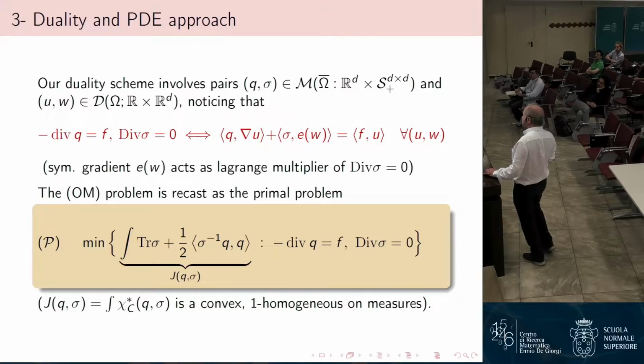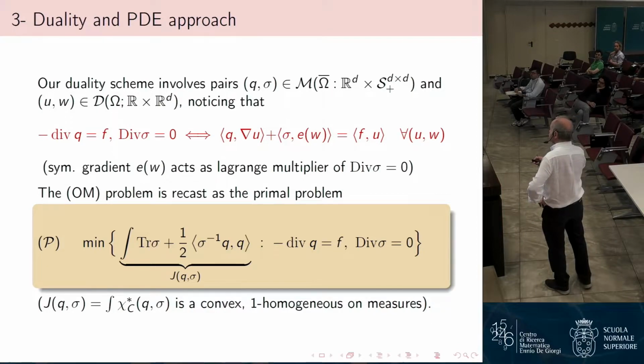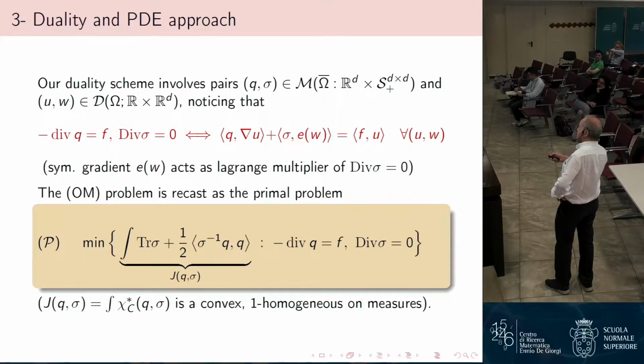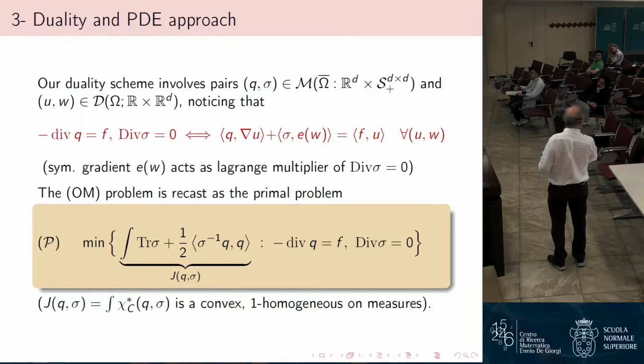In fact, it turns out it is a convex one-homogeneous functional on measures. Sigma is positive, of course, the definition is clear. Otherwise, if Q doesn't belong to the image of sigma, you put plus infinity. And if there are several pre-images, the scalar product doesn't depend on the choice.